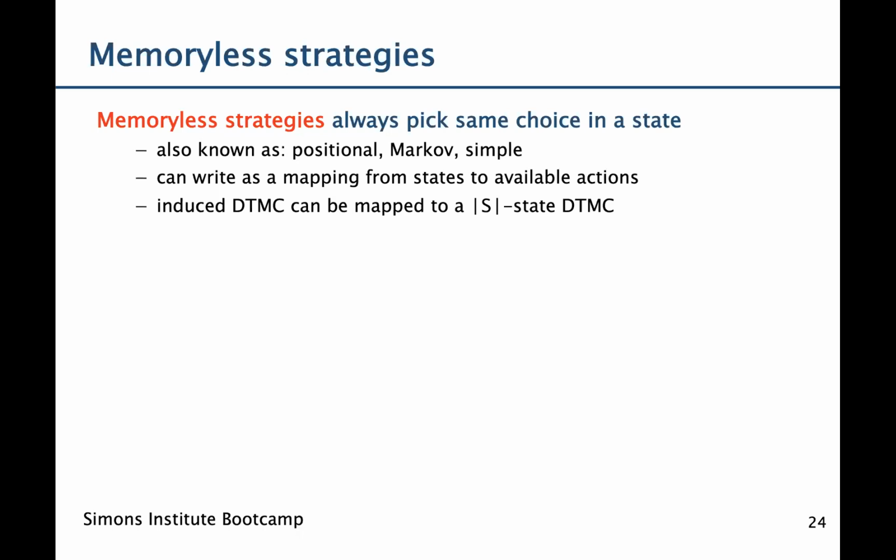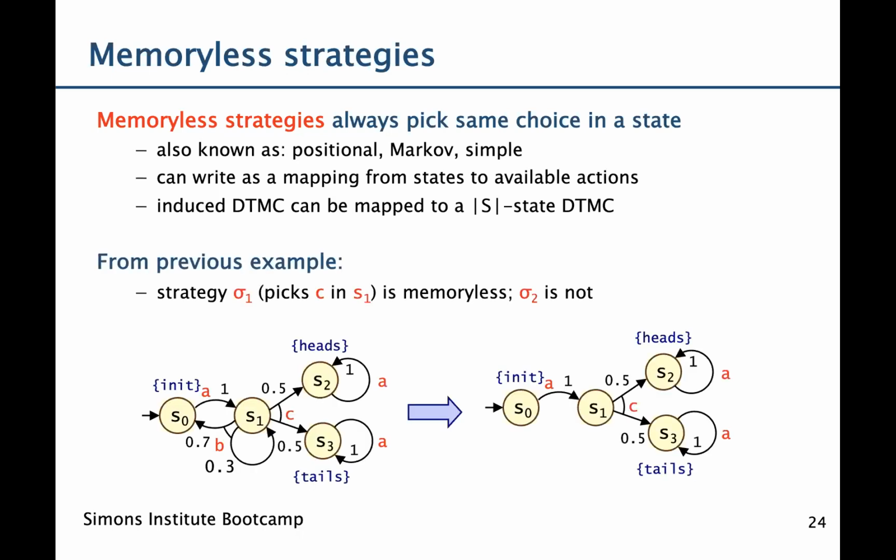And then the induced DTMC can have the same state space as the original MDP. So just to give you one example, from the previous example, if we consider the strategy sigma 1 that picks C in state S1, then the induced DTMC has the same state space as the MDP, and in state S1 we just have the transitions corresponding to the action C.